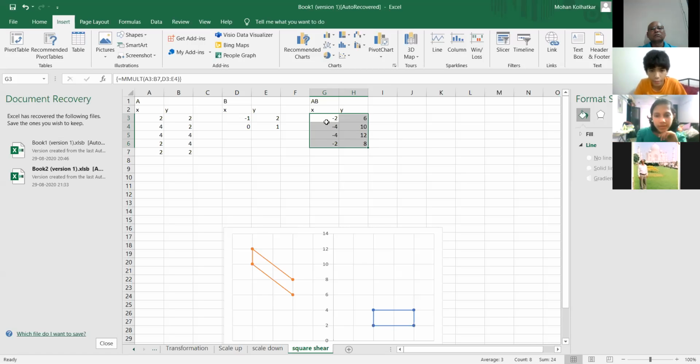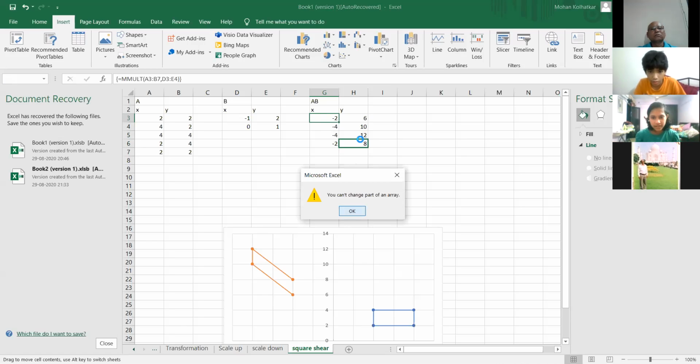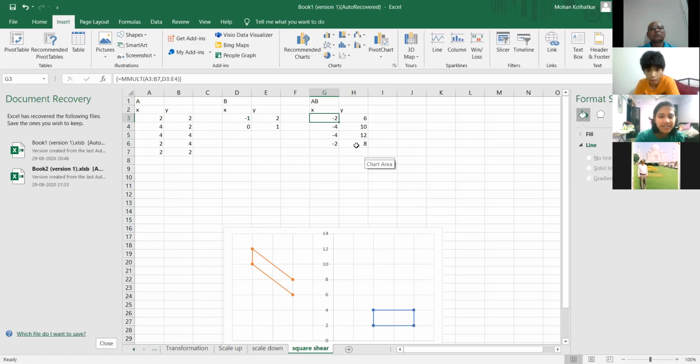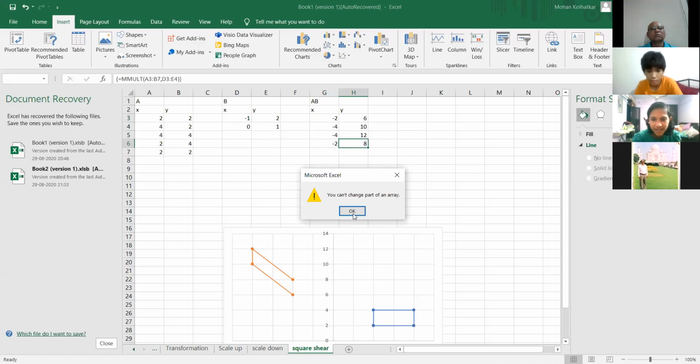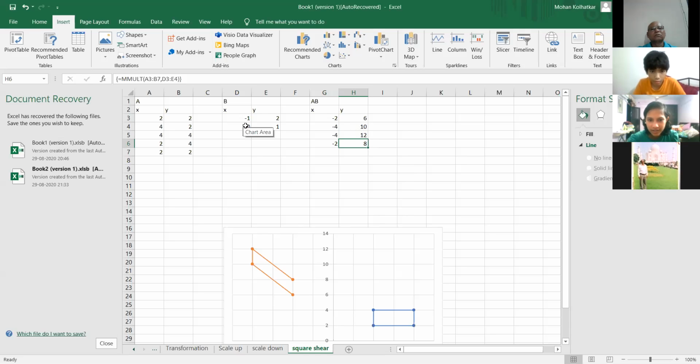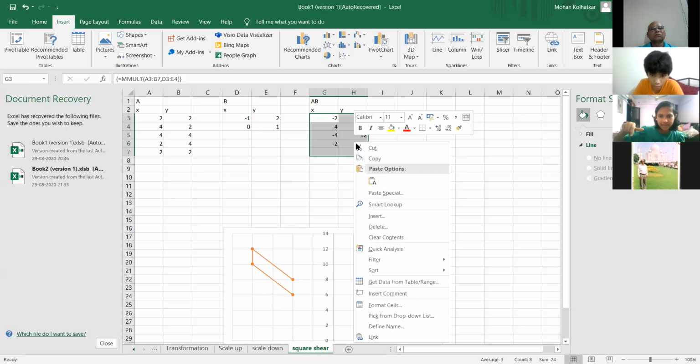It's not allowing me to do anything. Wait a second. Click any other cell. Don't do anything. First, click any other cell. Now take your cursor and select all these. Now right click the mouse, and clear contents.